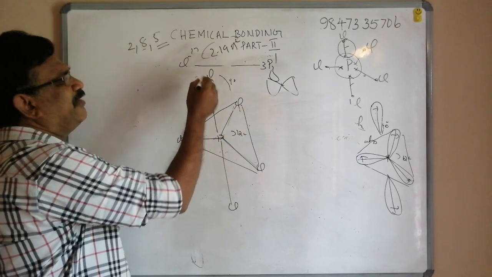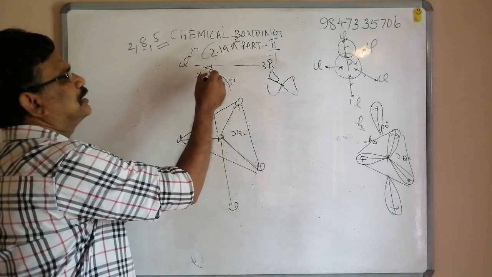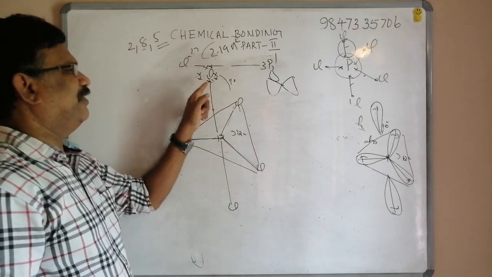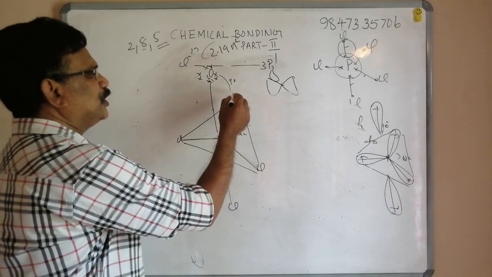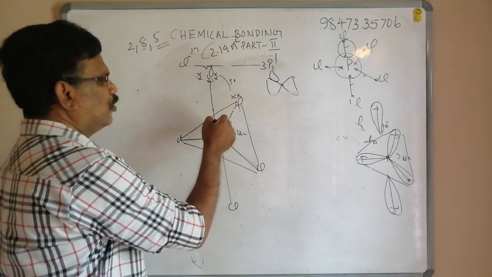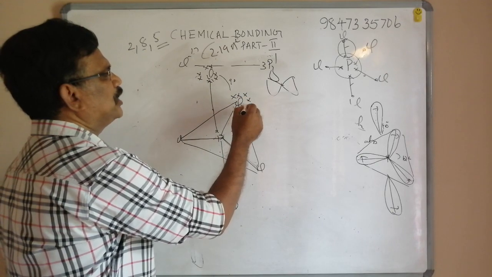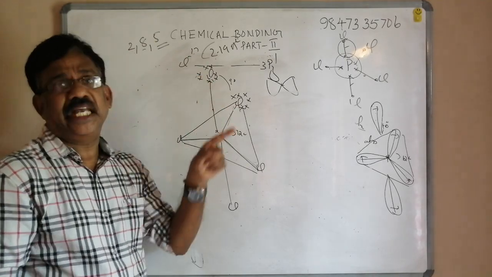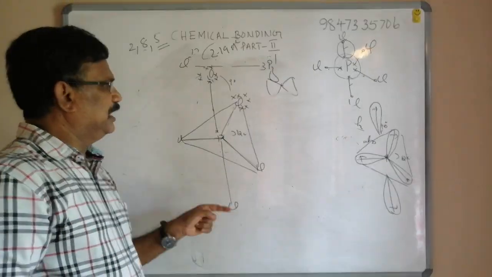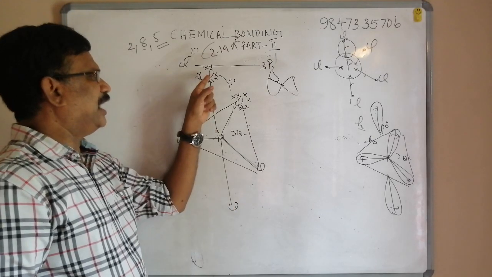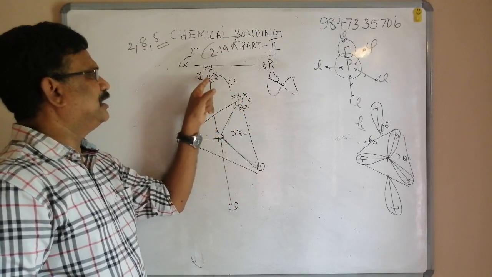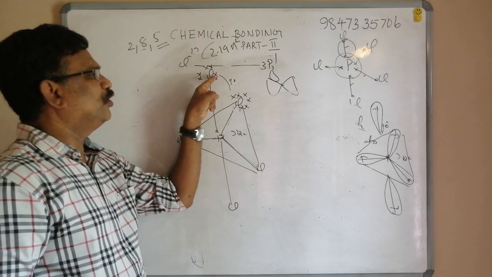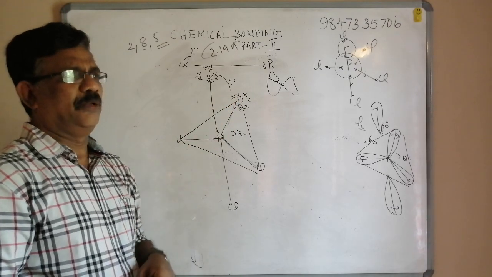Chlorine has 7 electrons in its outermost shell: 2, 4, 6, 7. This pair is called a lone pair. One electron takes part in covalent bond formation, and the remaining 6 electrons form 3 lone pairs. The lone pairs of the axial chlorine and the equatorial chlorine are at an angle of 90 degrees, so they undergo Coulombic repulsion, lone pair-lone pair repulsion.